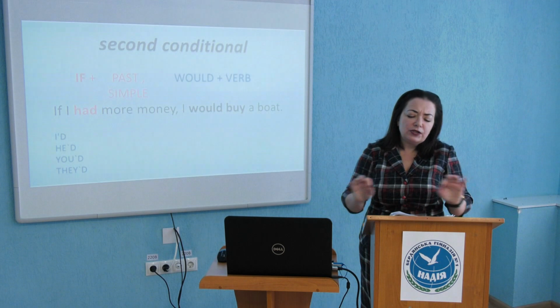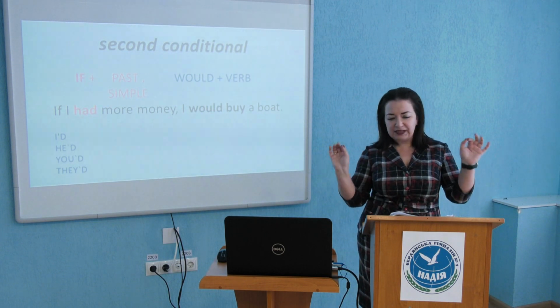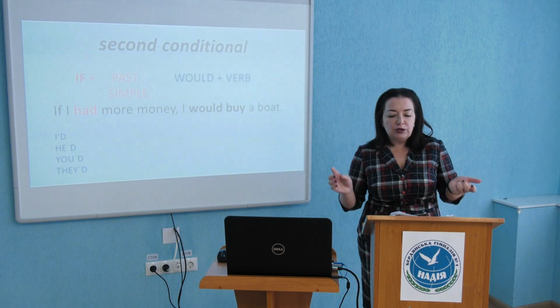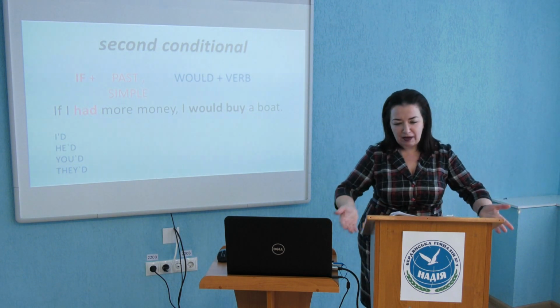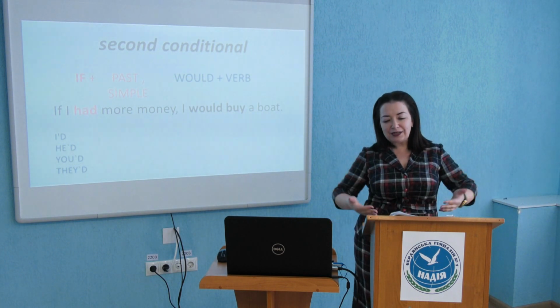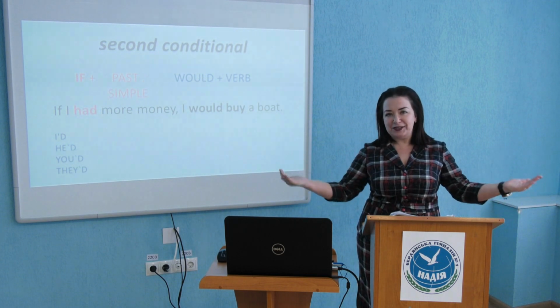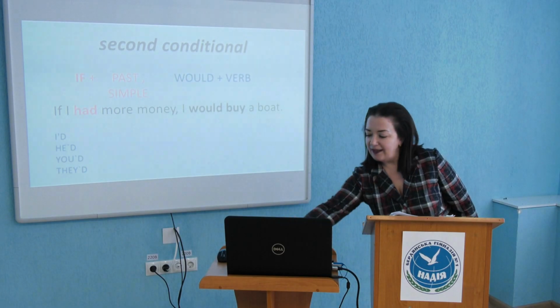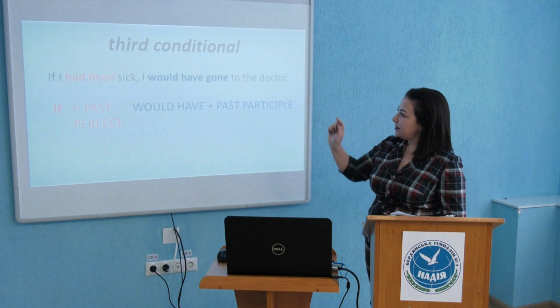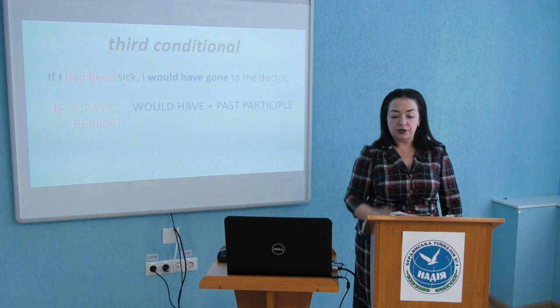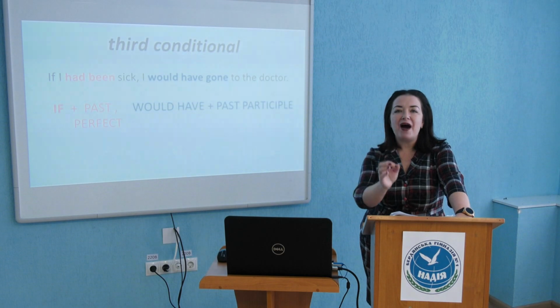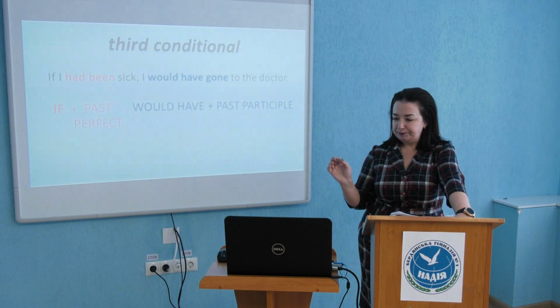There are lots of different uses for the second conditional. We use it to give advice, to give the reason why we can't do something, and generally just to imagine life is different. And the next step is the third conditional. The third conditional is the past unreal conditional.